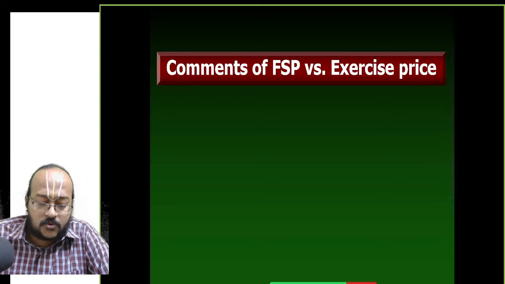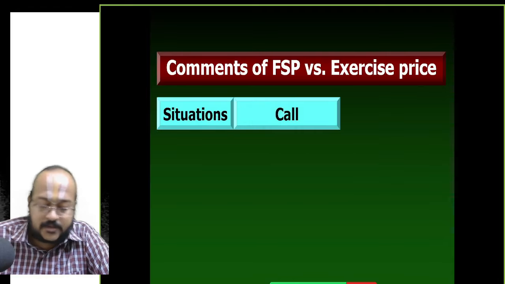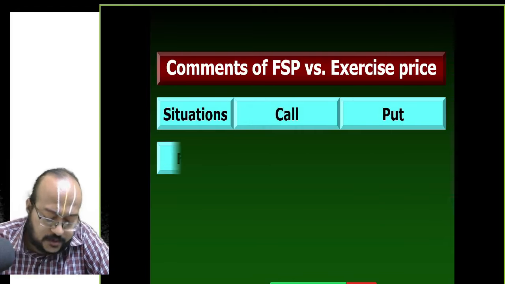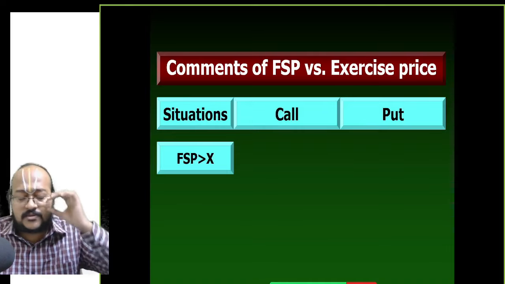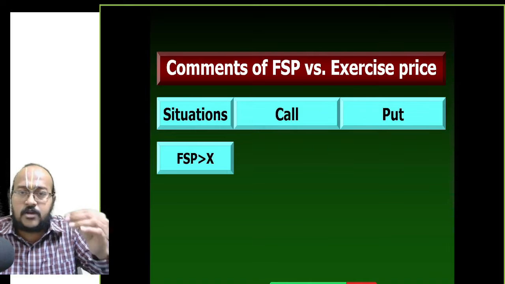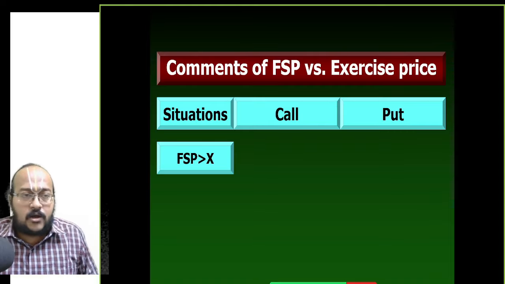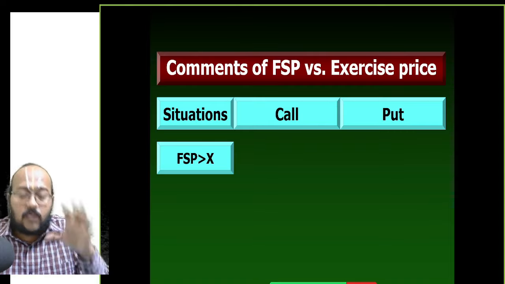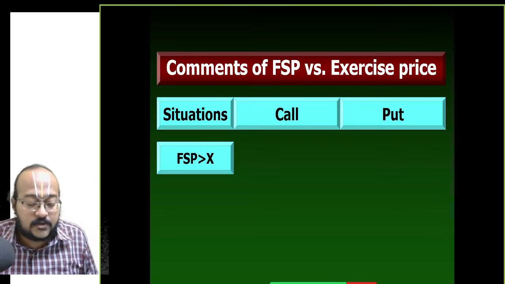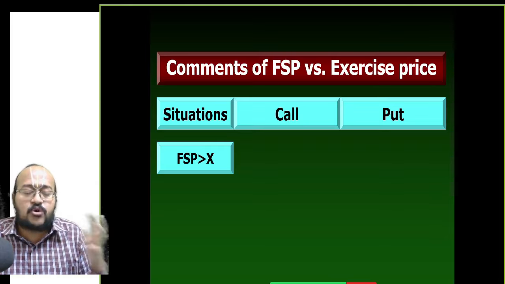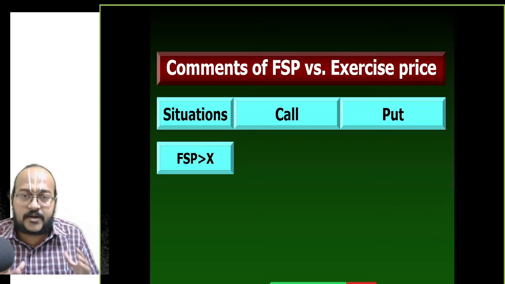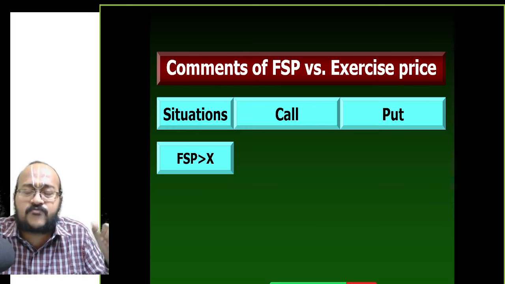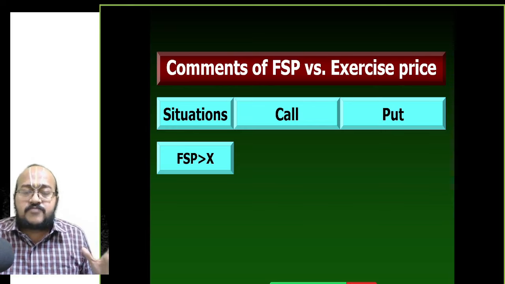Next, come to the comparison of FSP versus exercise price for call and put options. This is a technical term used in the market: in the money, out of the money. What is that? I am trying to explain. See here, if FSP is more than X. I am trying to explain all the angles and make you comfortable with these two instruments.